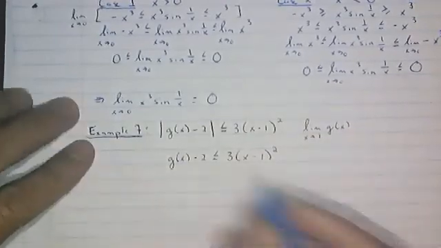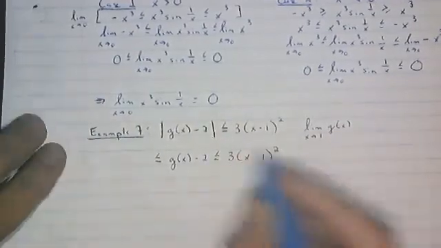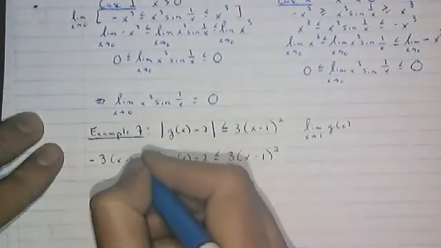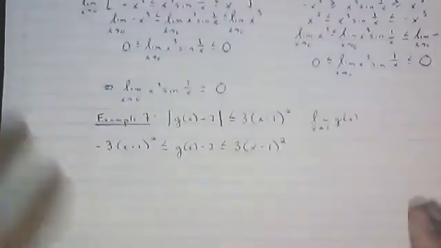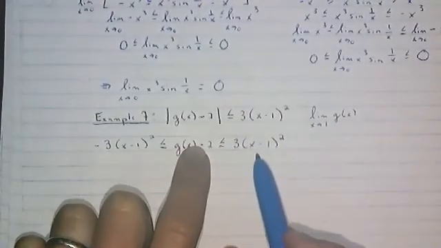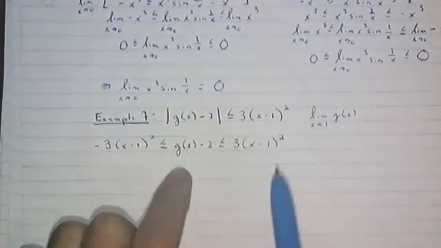But it's also greater than the opposite of this, which is negative 3 times (x minus 1) squared. This is just Algebra 1 with slightly scarier stuff. Absolute value less than means this.